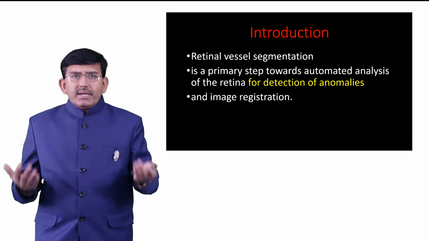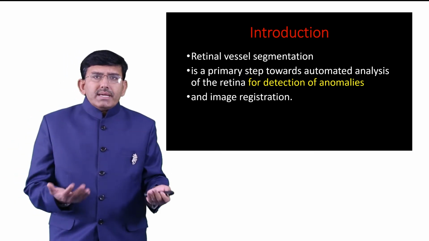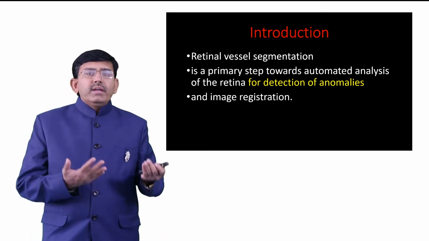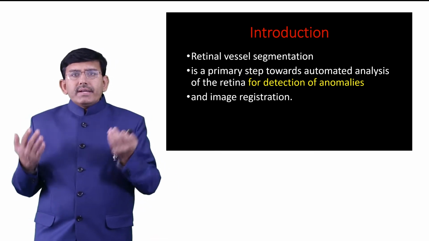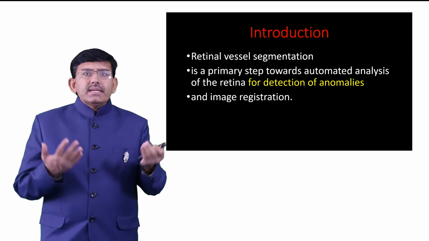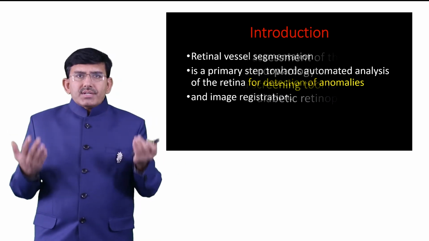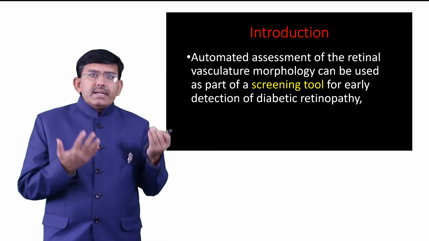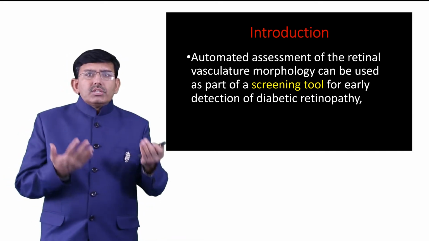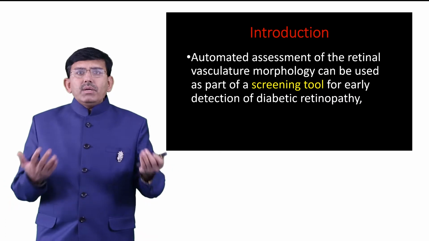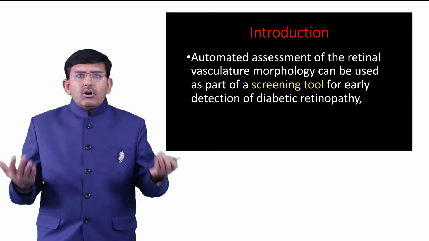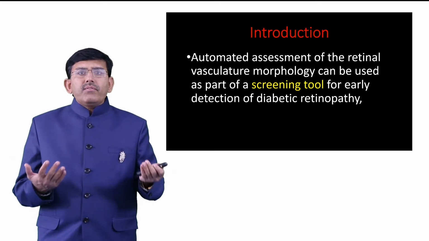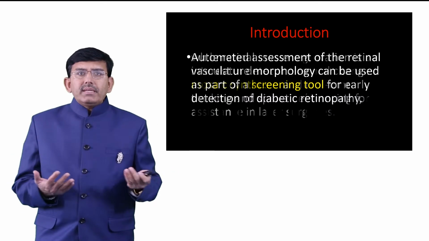Retinal vessel segmentation is a primary step towards automated analysis of the retina for detection of anomalies and image registration. Automated assessment of the retinal vasculature morphology can be used as part of a screening tool for early detection of diabetic retinopathy.